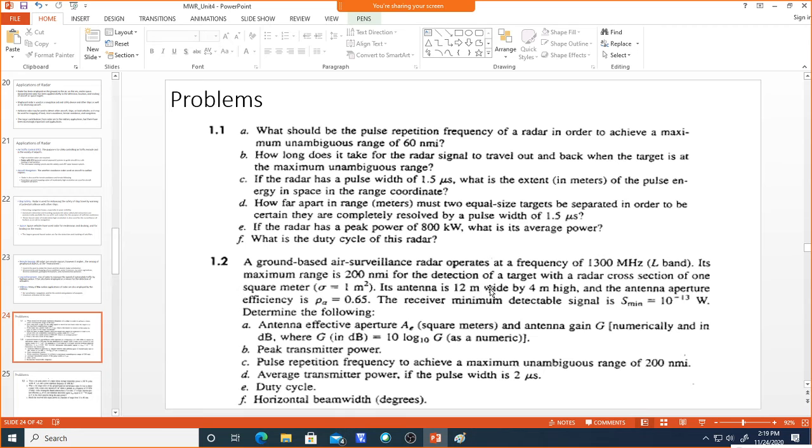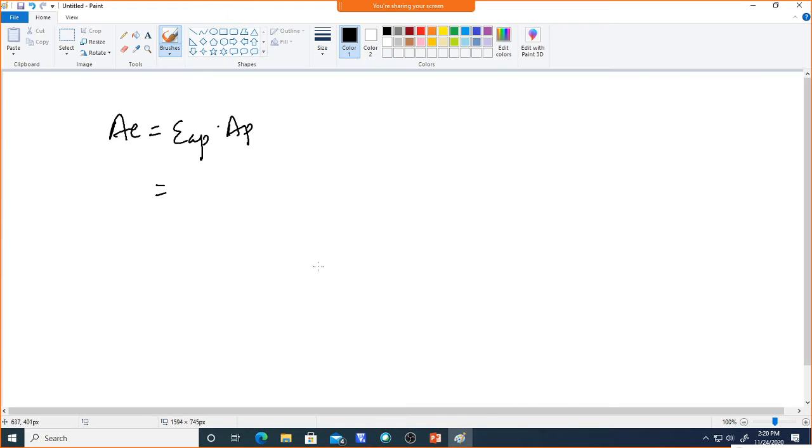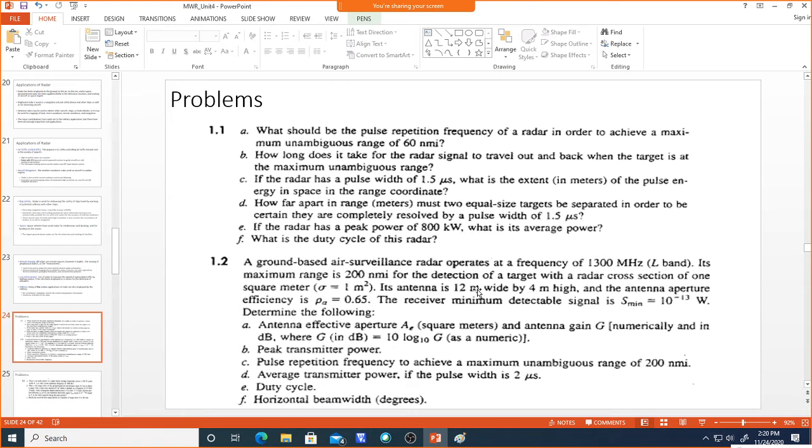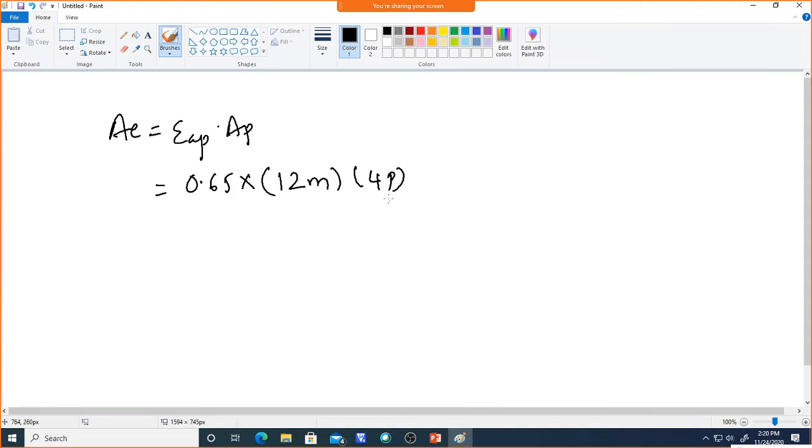Now we need to find the physical aperture, which is given by 12 meter by 4 meter, width and height. So substitute the aperture efficiency and the physical aperture of the antenna, and you will get the effective aperture.